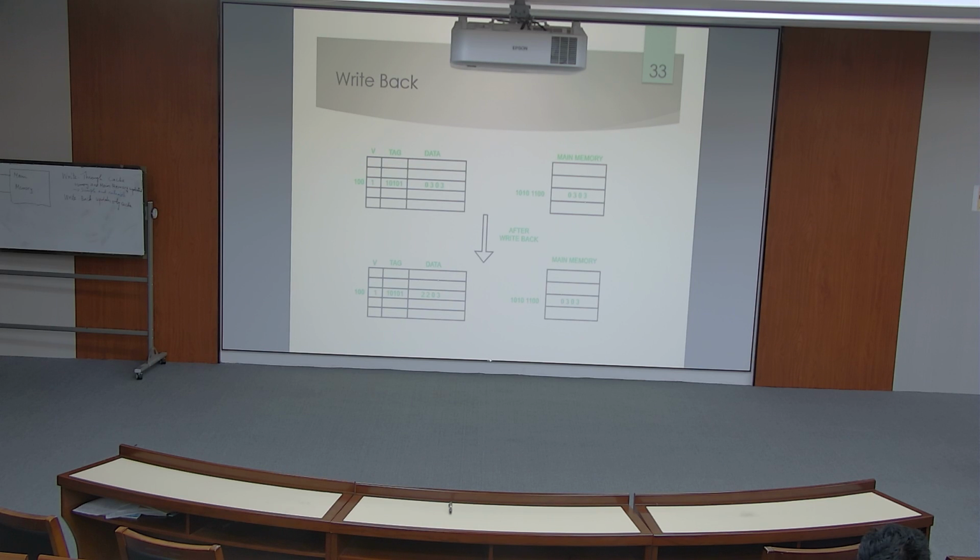Now, we're going to talk about the write back. You see, before the write back, we have the cache memory, which has this data at this index, and we have the valid bit, which is set to 1 to indicate that we have valid data in this cache line. Then we have the main memory with this address, and it contains the same copy of the data as the cache memory.